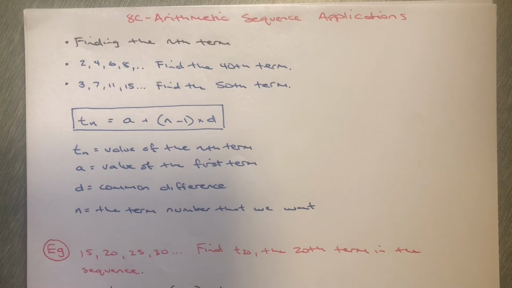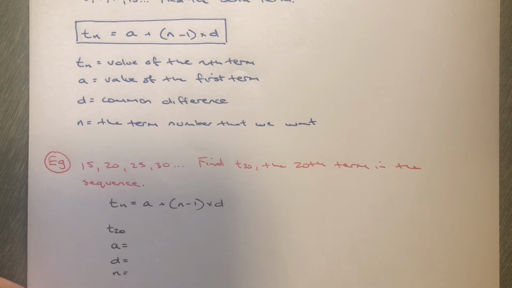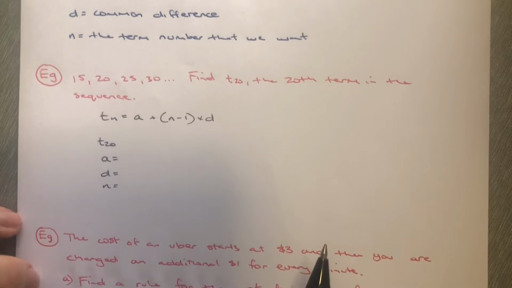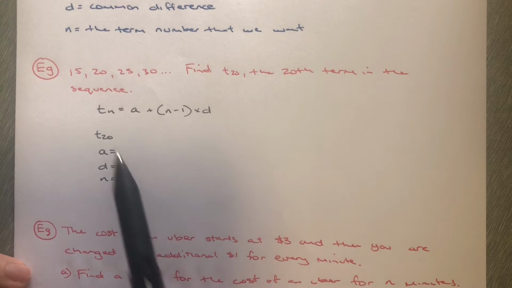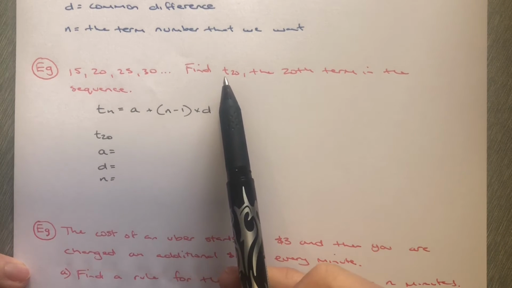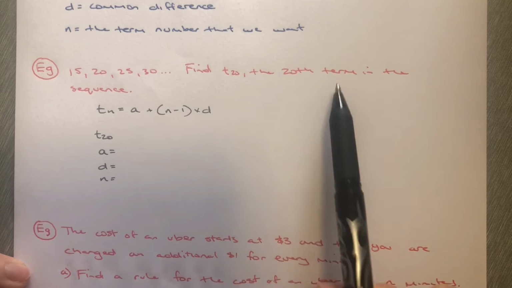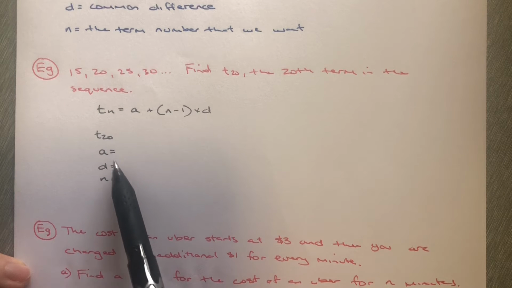All right, let's go down and have a go at the first one. So we are going to be using this formula, and I've written it there for us so we can easily use it. We've got this sequence here. It's asked to find T20, which is the 20th term in the sequence. So we just need to work out what all these things are.